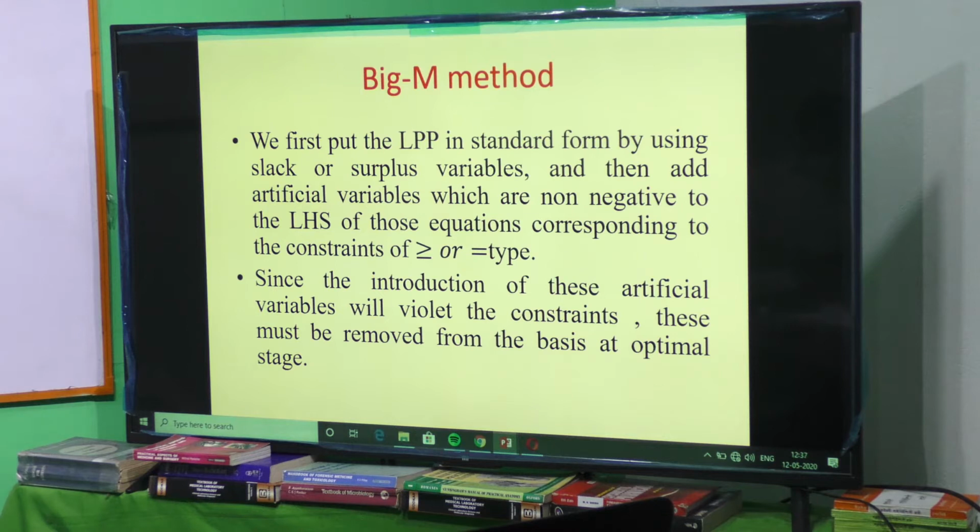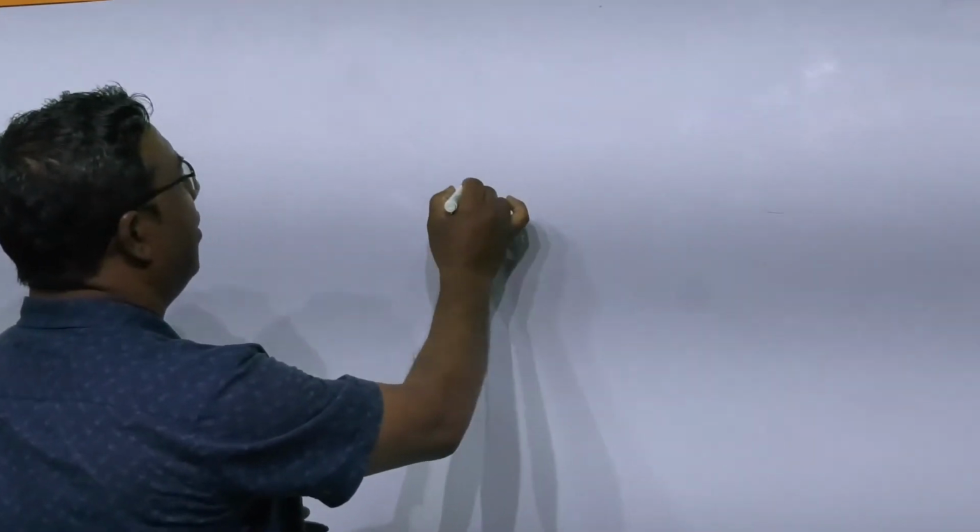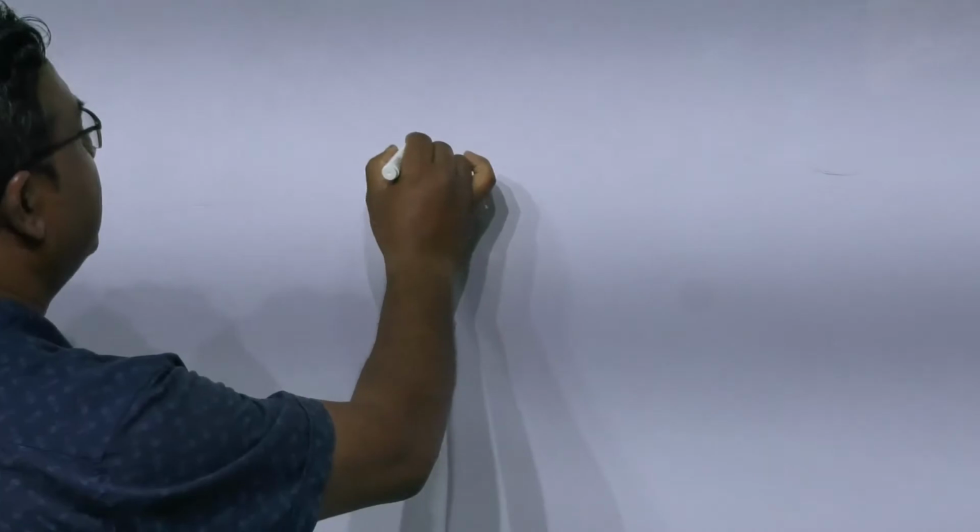First, we put the LPP in the standard form by using slack or surplus variables. Then add artificial variables, which are non-negative, to the left-hand side of those equations corresponding to the constraints of greater than or equal to type. Suppose the problem is like that.